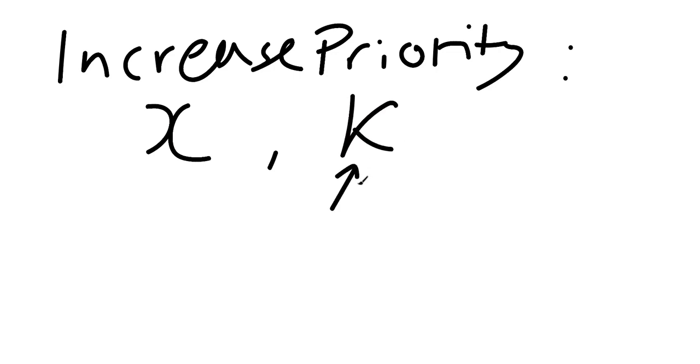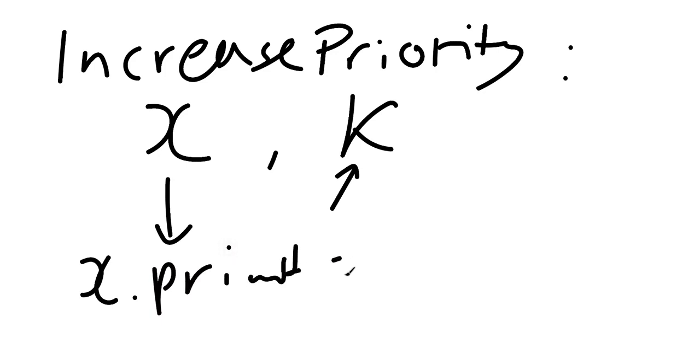So what do we do? We take x and we say that x.priority equals k. Basically as simple as that. It doesn't have to be anything more complex than something like this. We just assign the value k to x's priority.